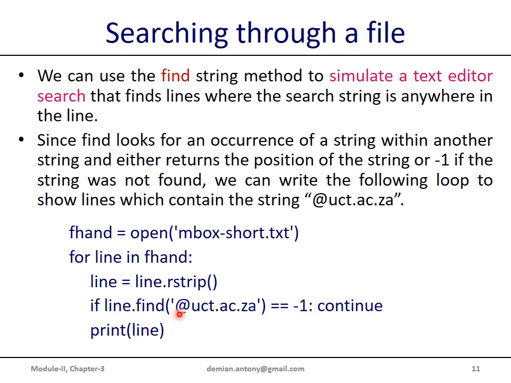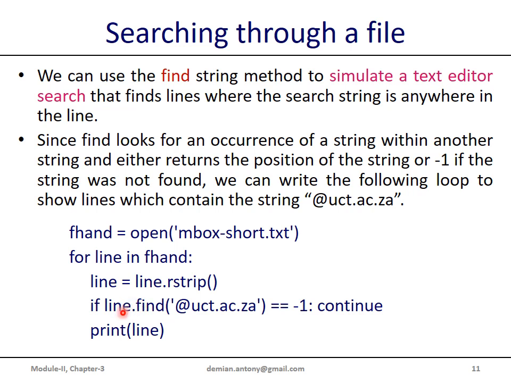What does this find function do? The find function finds the first match of the string given in the find function, and it returns the index of the first matched character. And if the string specified as a parameter to find is not present in the entire string, then it returns -1.